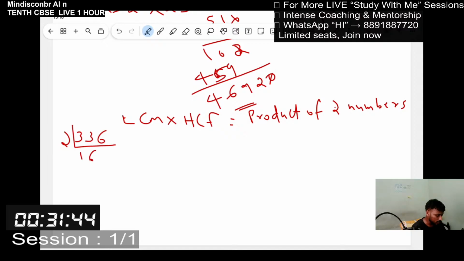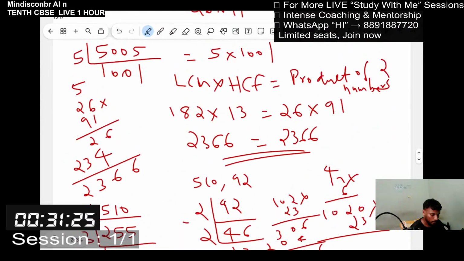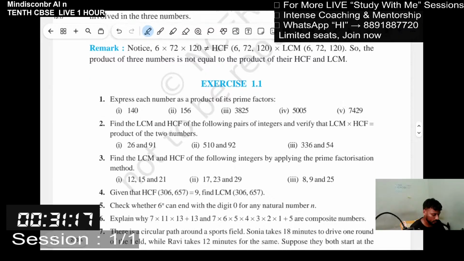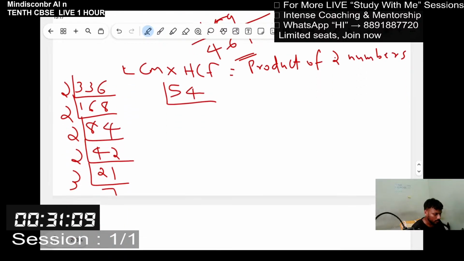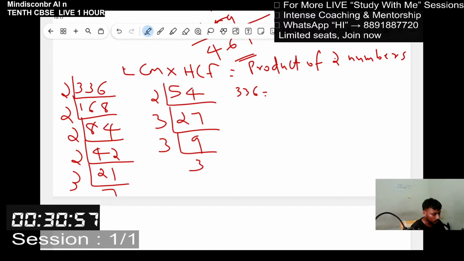So 336 is equal to 2 raised to 4 into 3 into 7, whereas 54 is equal to 2 into 3 cube.